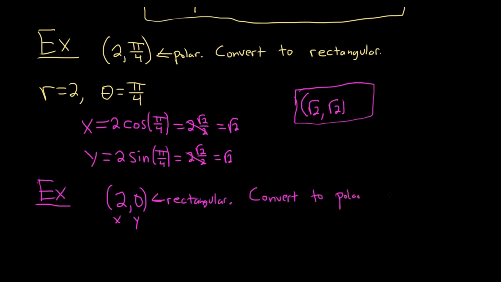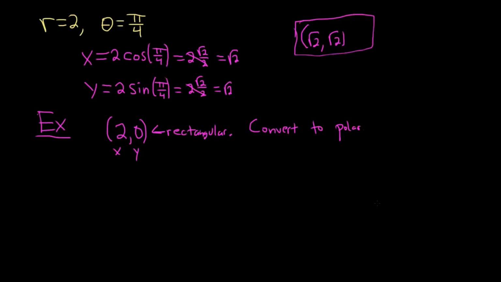Let's try it. The formulas we have are different now. We want to use tangent of theta equals y over x, and also r squared equals x squared plus y squared. First, note that you can actually do this problem without using the formulas. If you draw a picture, 2 comma 0 is right here.